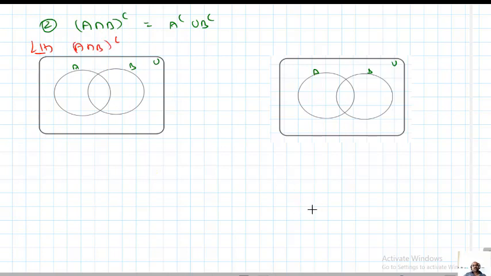Same procedure. Now we need to shade (A intersection B) whole complement, or find the area represented by it. So except A intersection B, everything should be shaded. Except A intersection B, everything is shaded.